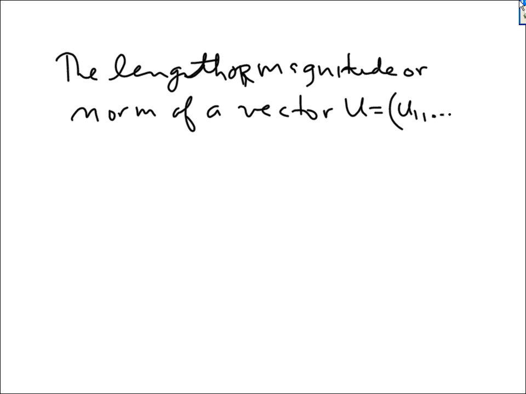u1 through un. What is the length, or the magnitude, or the norm of the vector u? And the answer is, you take each component, u1, u2, all the way up to un, and you square them, and you add them up.